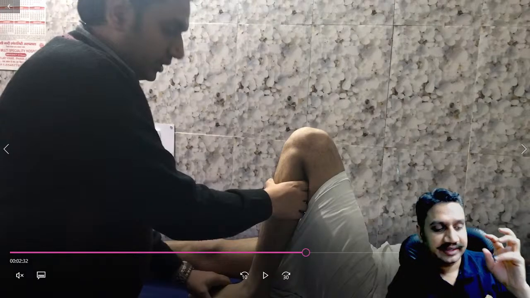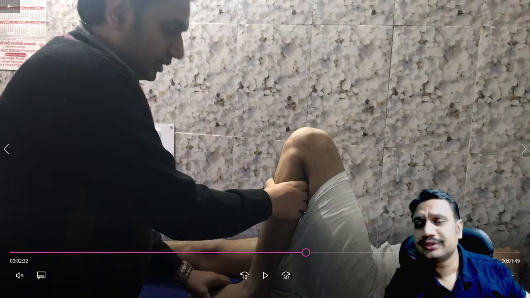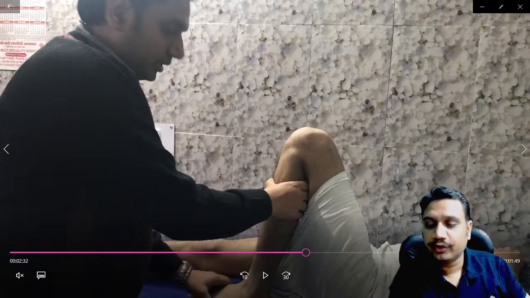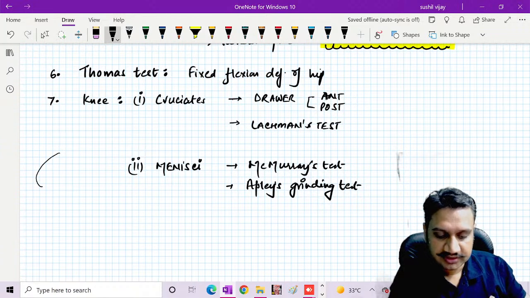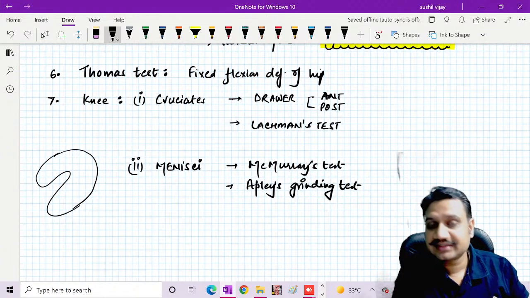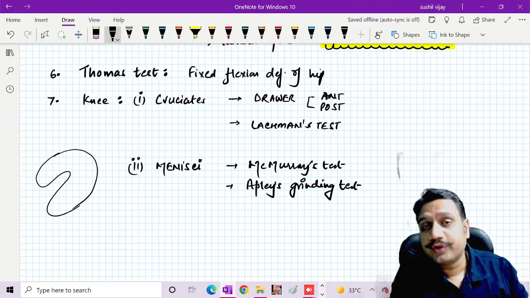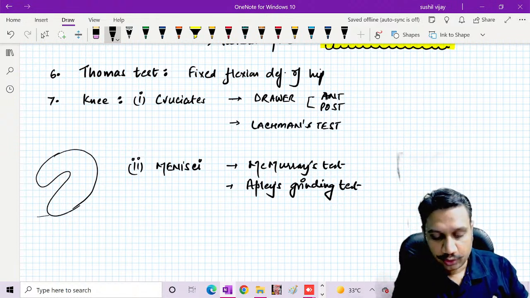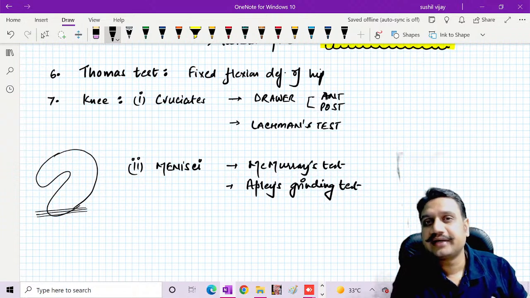Because you know that the menisci lie between the femur and tibia. When we hyperflex the knee, only this part of the meniscus is getting crushed.